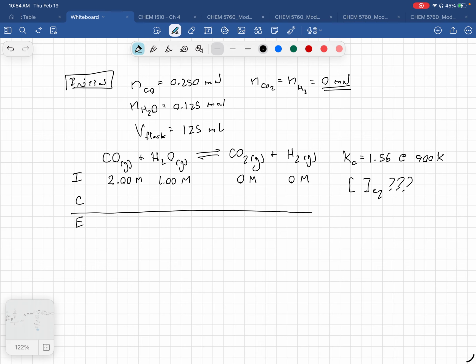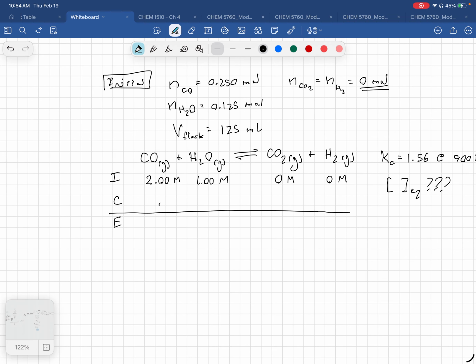Now we know our change is going to be X, X, X, and X. A bunch of ones, so they're just all X's. We're going to calculate Q real quick, so it's going to be 0 times 0 over 2.00 times 1.00, and thus Q equals 0, and so Q is less than K.